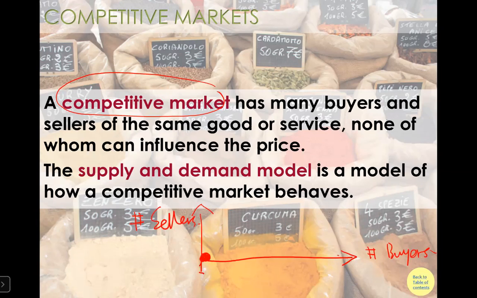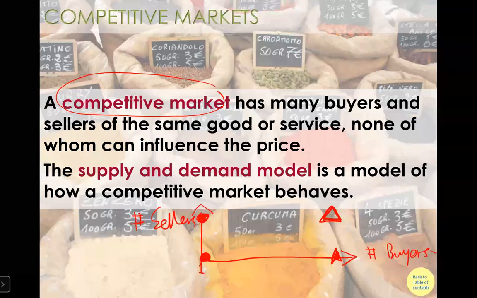And then here means you have many buyers but 1 seller. And here means you have 1 buyer but many sellers. And finally here, this big triangle means you have many buyers and sellers.